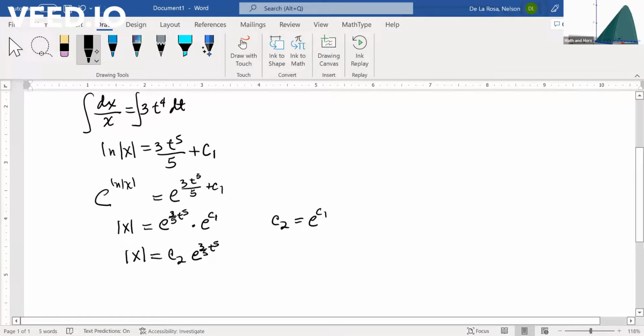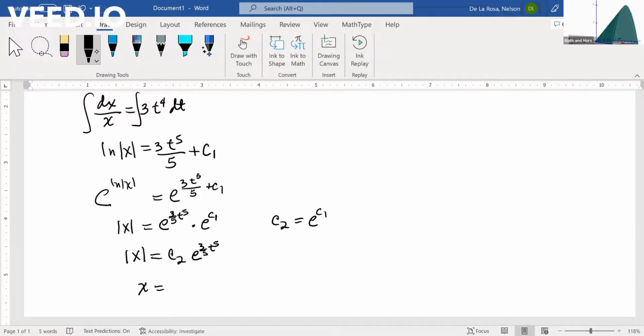So getting rid of the absolute value, we have that x is positive and negative c2 e to 3 over 5 t to the 5th.